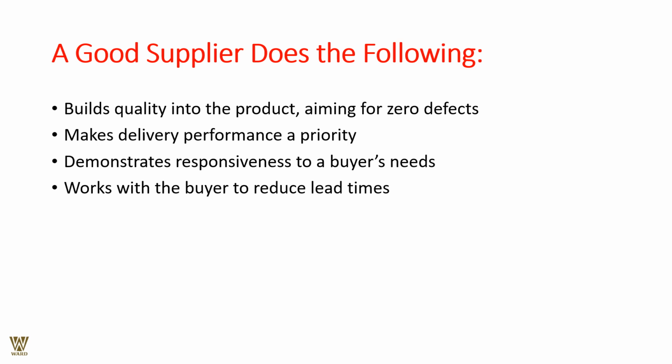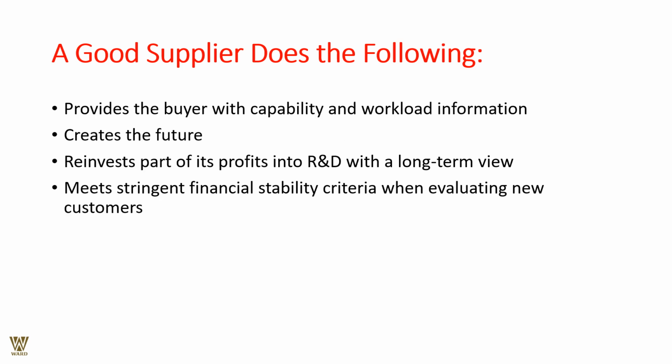They demonstrate responsiveness to the buyer's needs, work with buyers to reduce lead time, and provide buyers with capability and workload information. They create the future, reinvesting part of their profit into research and development with a long-term view, and meet stringent financial stability criteria when evaluating new customers. These are essential qualities of good suppliers, thereby everything can be worked upon, and we need to understand one at a time.